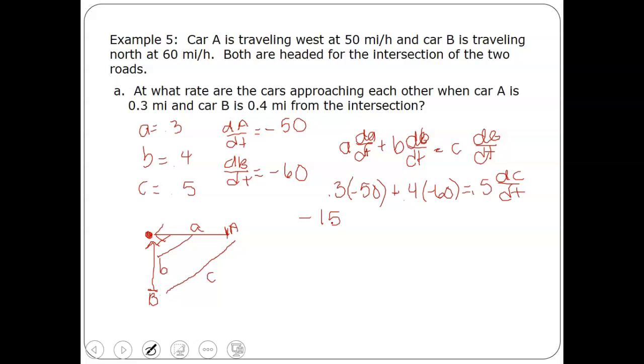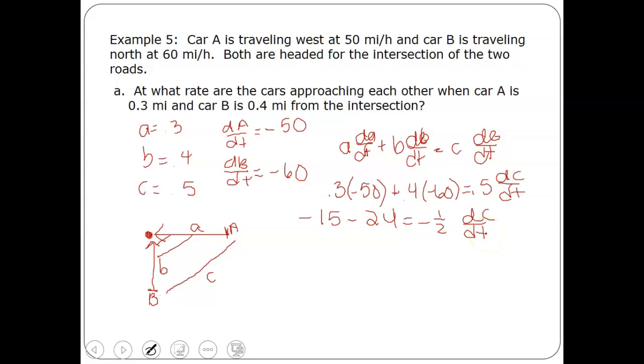This is a no-calculator problem. Exactly. The decimal and the 3 and the 50's 10 would cancel each other essentially. So 0.4 times 60, 4 times 6 is 24, negative 24. Equals negative 1/2 dC/dt, if it helps you to see it this way.